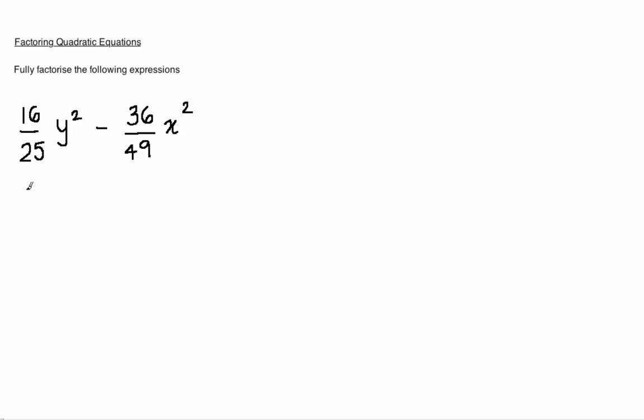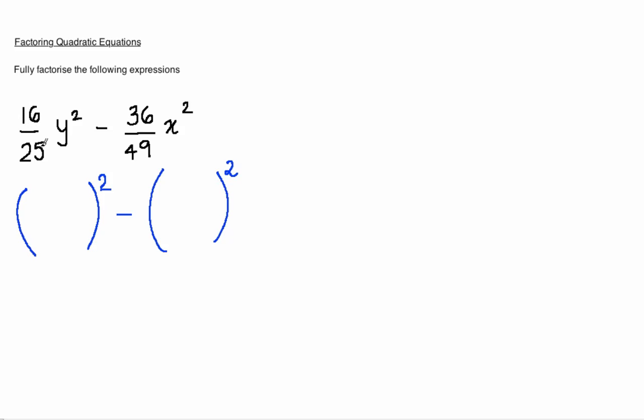What we need to do is figure out what it is that is squared in the front and what's being squared in the second half of this expression. This is a square number, this is a square number, so we can square root them both separately to work out what this fraction would be.